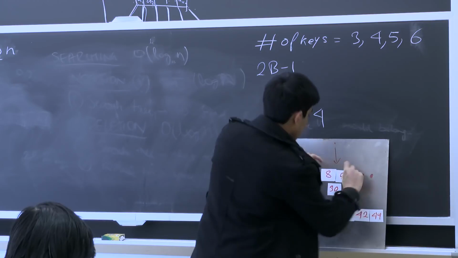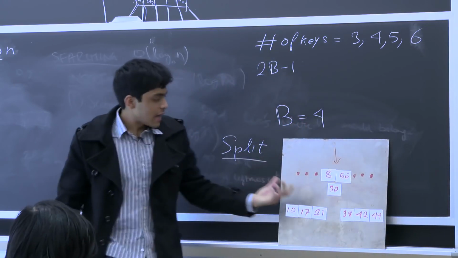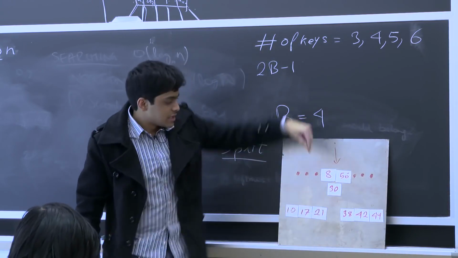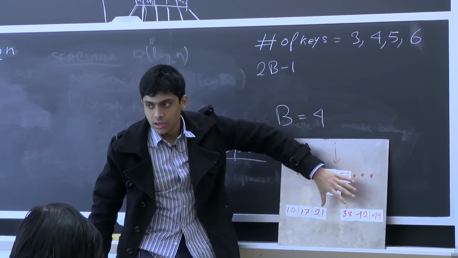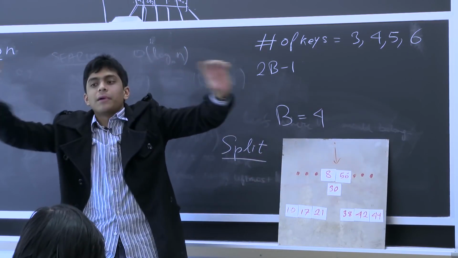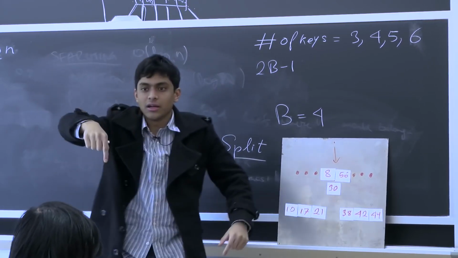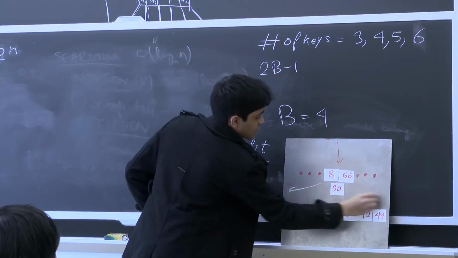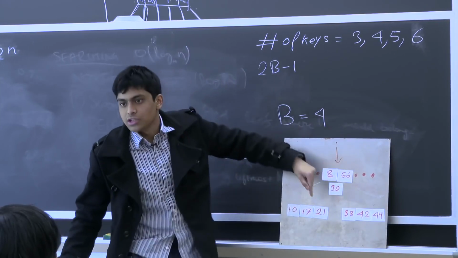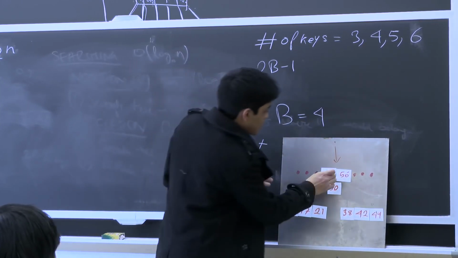And now what you do with the middle node: you have actually disrupted the structure of the tree, because there was 1 pointer going in, 1 child, and now you have 2 children. So somehow you need to adjust the parent node, because the parent node had only 1 child. Well, at least there are other children off to the side, but here it only had 1 child, and now it's split apart. So you do something very simple.